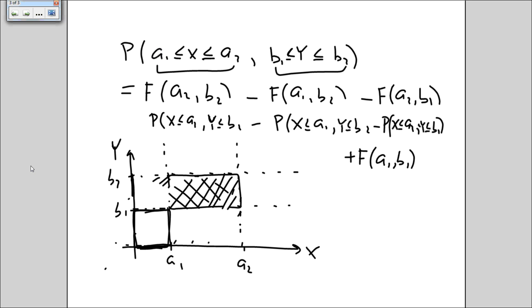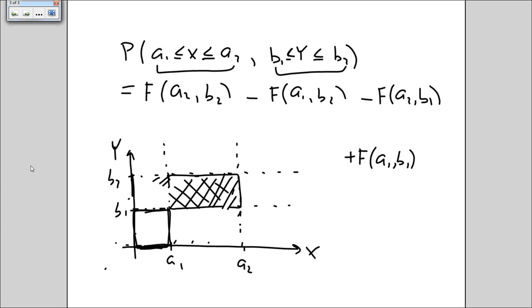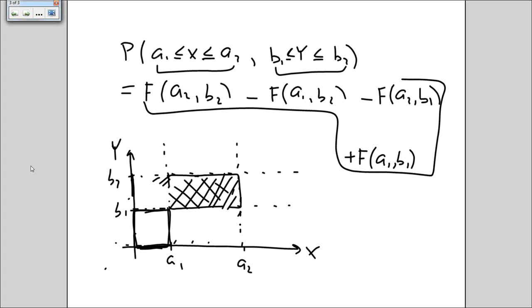Okay, so let me just remove this for one moment, and say, there's our formula, including the bottom piece. That's the formula for the top.